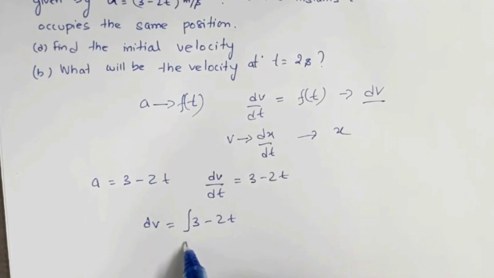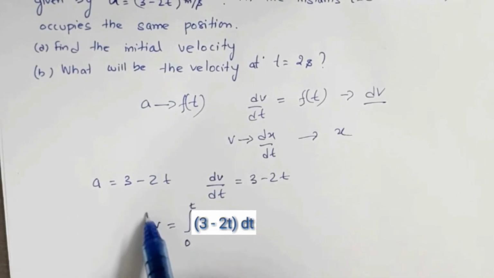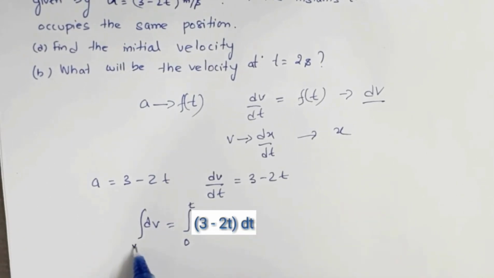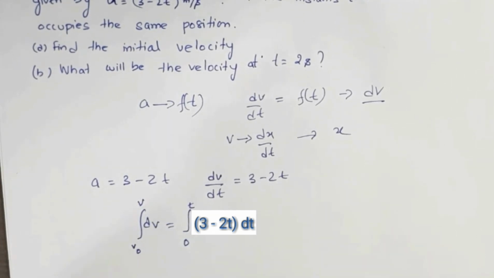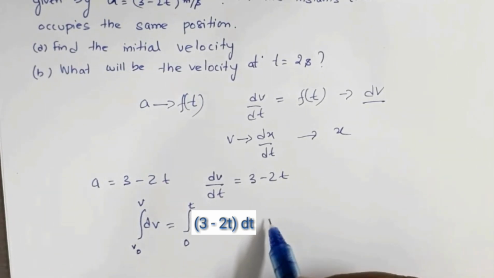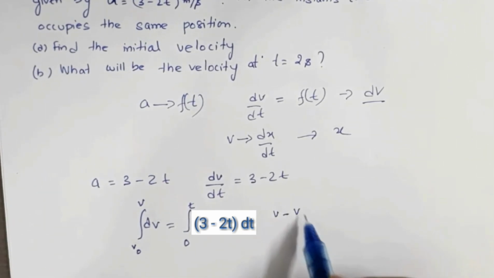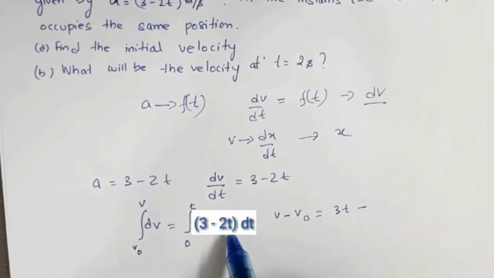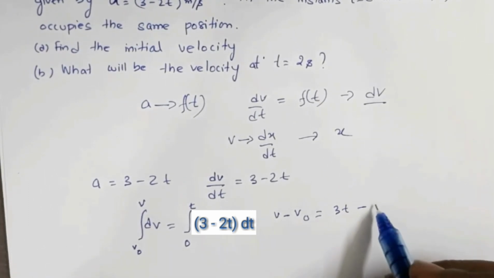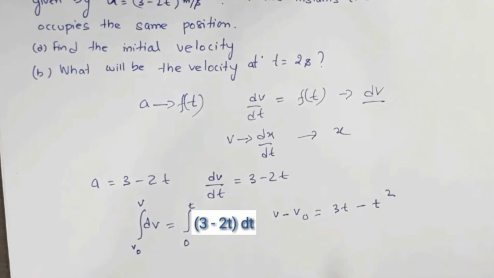This is from time 0 to t. At time t equal to 0, we don't know the velocity, so this is v naught. This v is the velocity at time t. On integration this becomes v minus v naught is equal to 3t minus 2t square by 2, so the 2 cancels out, and this is t square. So we have this equation for velocity.